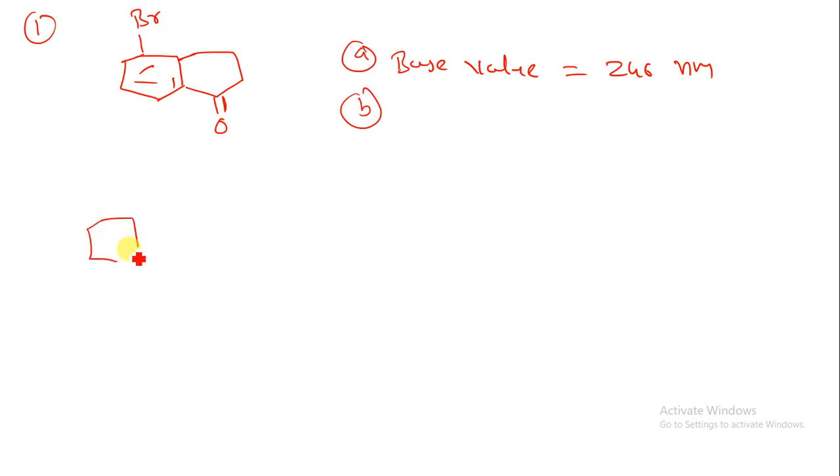How can you consider them? Generally students consider this as ortho, this as meta and this as para. Similarly this is ortho and this is meta. It is not correct. Why? Because suppose I write a CH3 group over here. For this CH3, this will be the ortho position, this the meta position and this the para position.